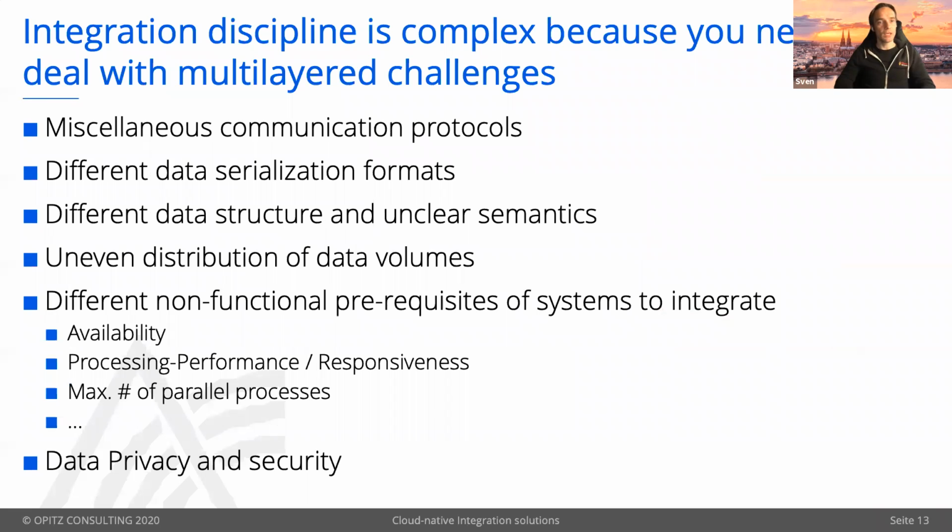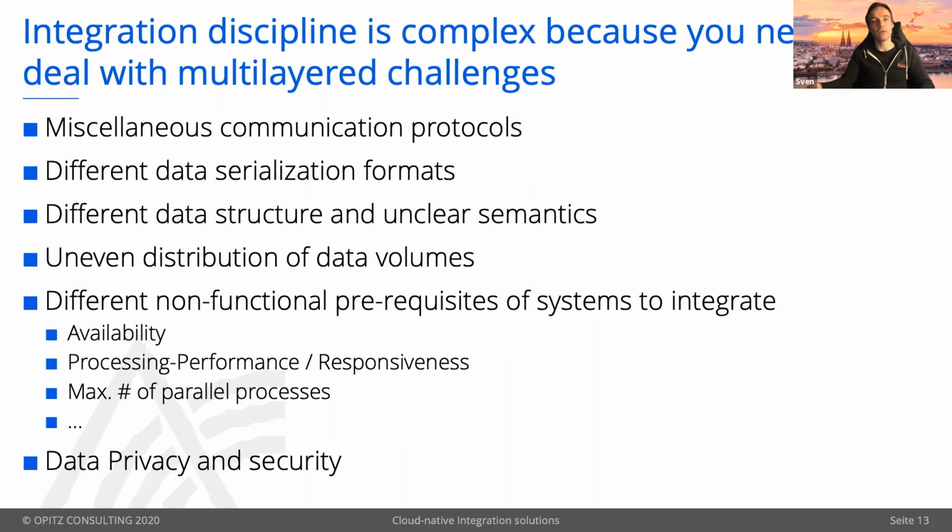So as you can see, the integration discipline is also very complex, because you have to deal with different challenges with respect to communication protocols, data serialization formats. You have different data structures, and sometimes also unclear semantics if you want to integrate systems with each other, especially if you have legacy systems.